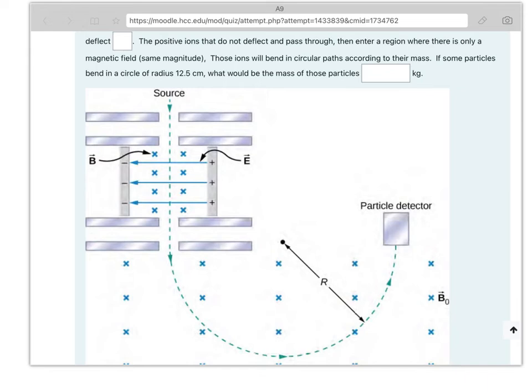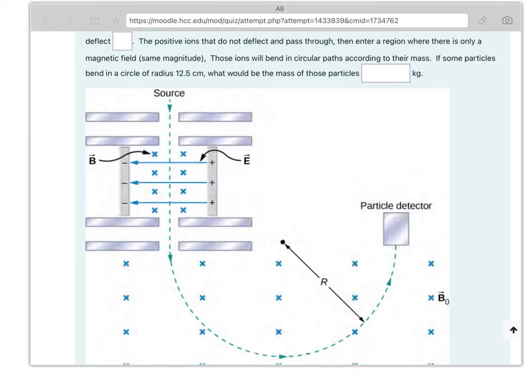So if we have a positive particle coming from the source and moving down, as it enters the electric field, it's going to have a force along the negative x-axis, negative I-hat direction this way, because a positive particle moves in the direction of the field.